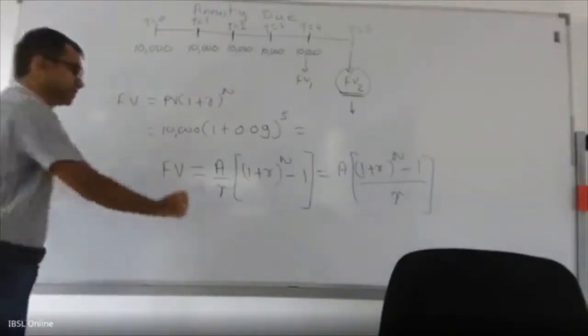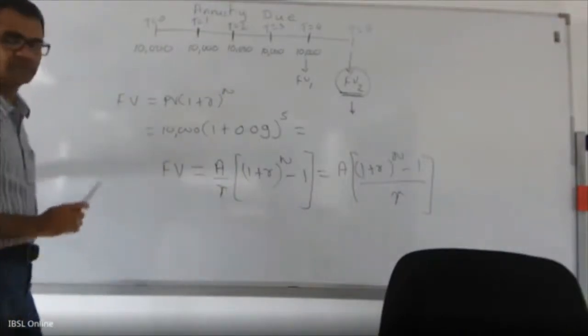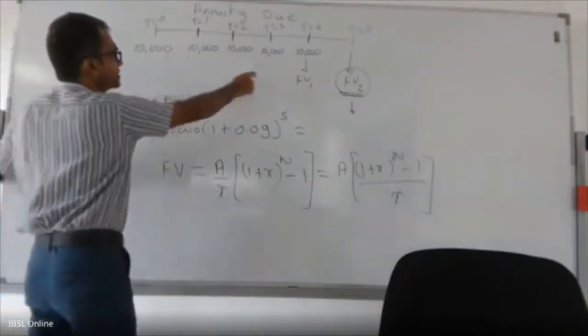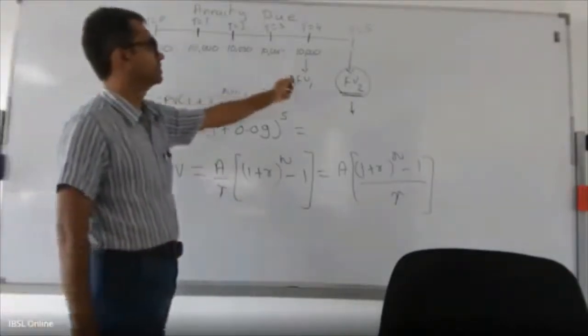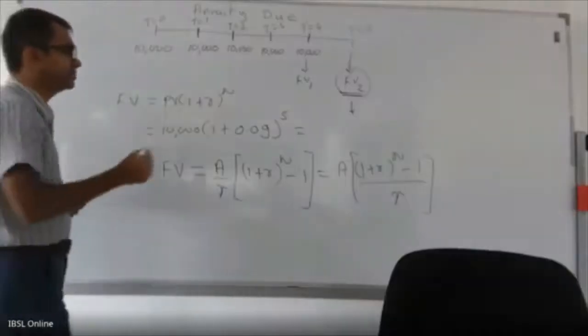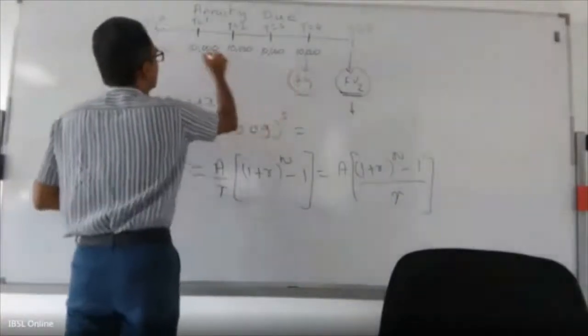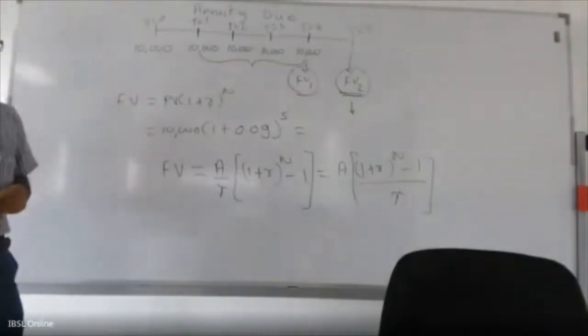If we use this equation, we get the future value of these cash flows when? At the end of the 4th year. We get the future value here of all these 4 cash flows.